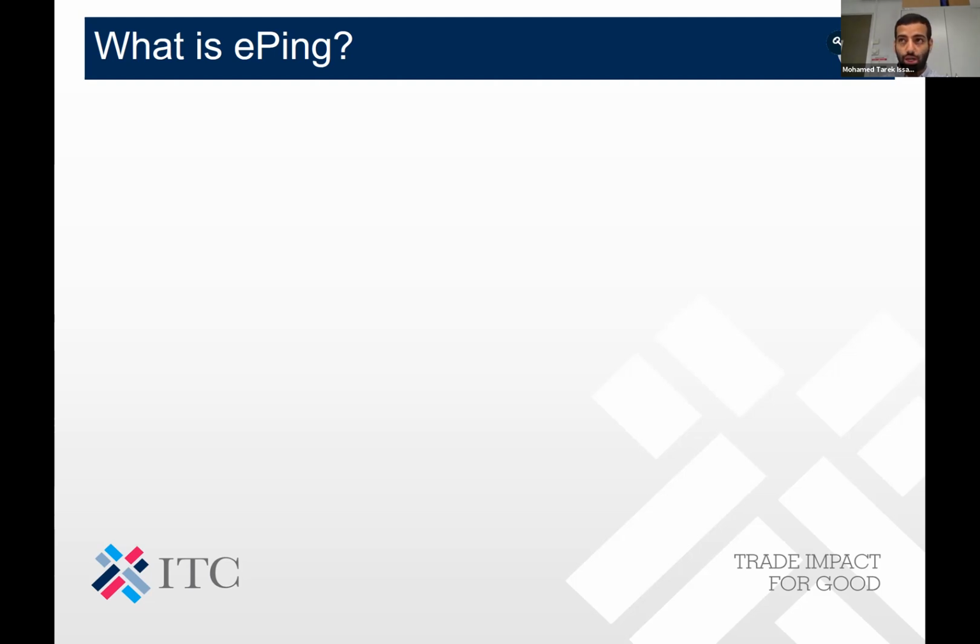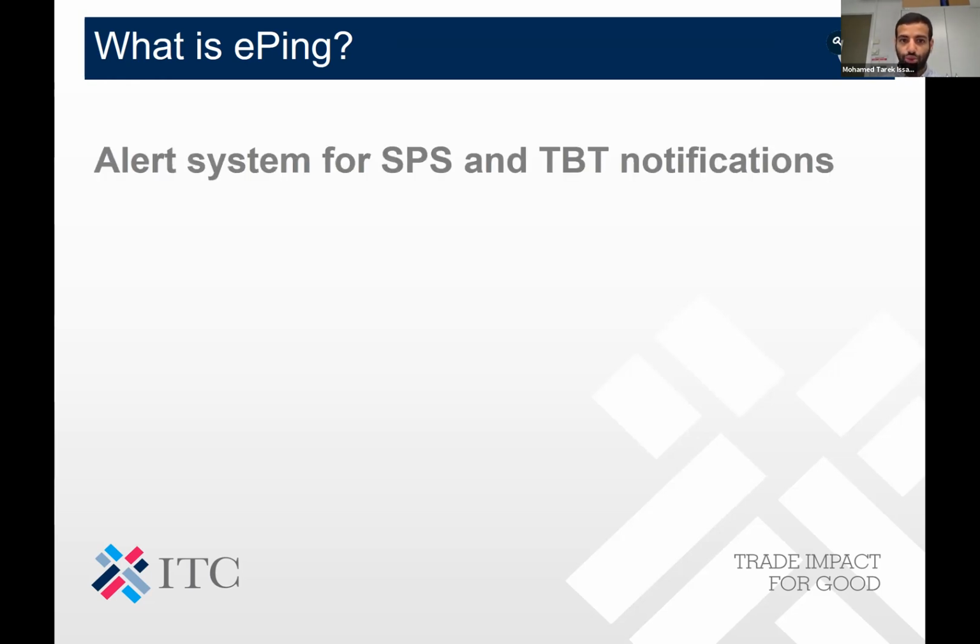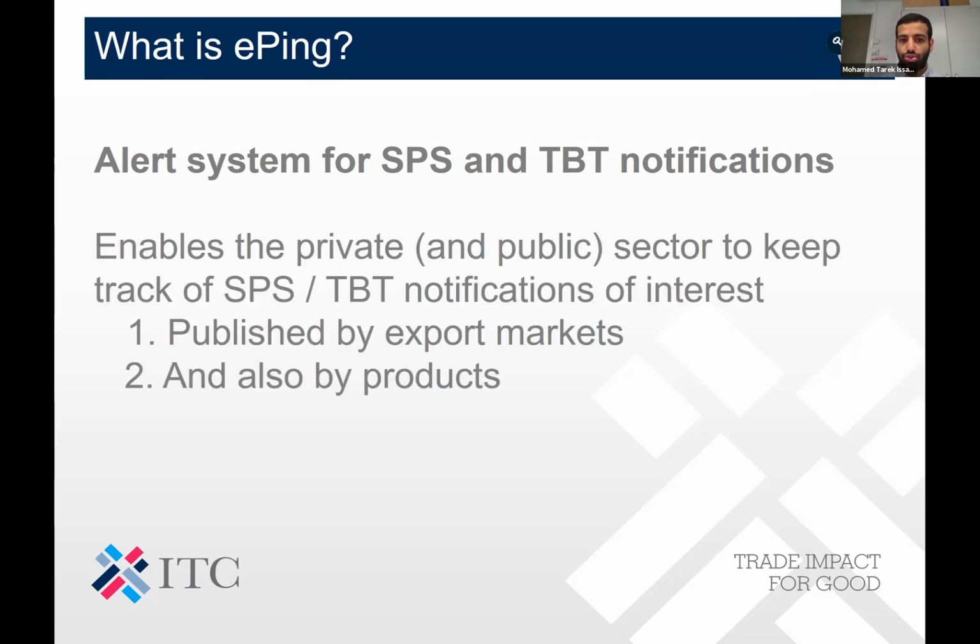That's why we use the WTO notifications that members send to the organization, and we put them in what we call e-Ping. E-Ping is an alert system for SPS and TBT notifications. The objective is to enable the private as well as the public sector to keep track of new SPS and TBT notifications.